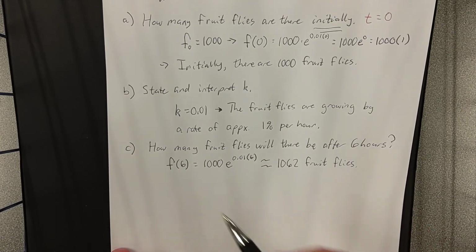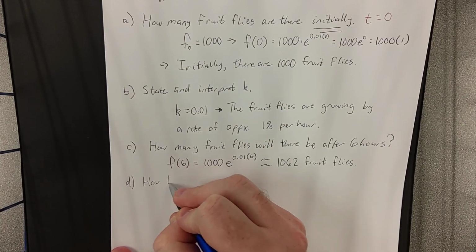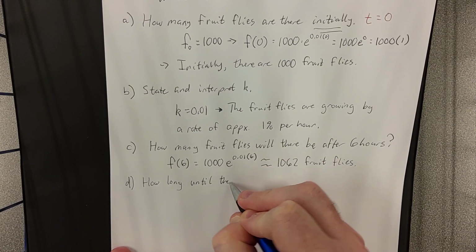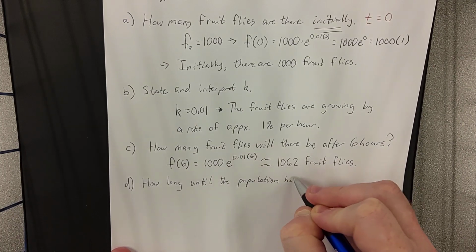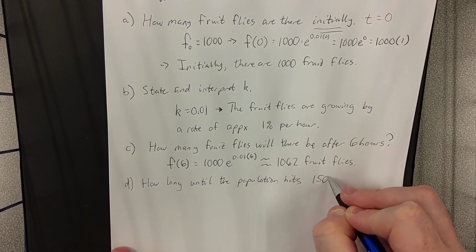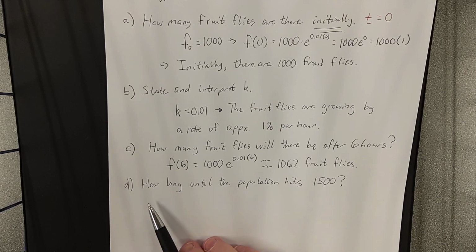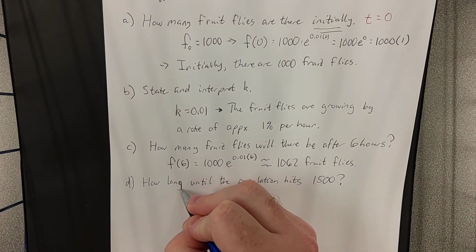Now, we can also use a model like this to make predictions about the future. How long until the population hits 1500? Now, when I say how long, it's implied that what we're trying to find is how much time will that take.